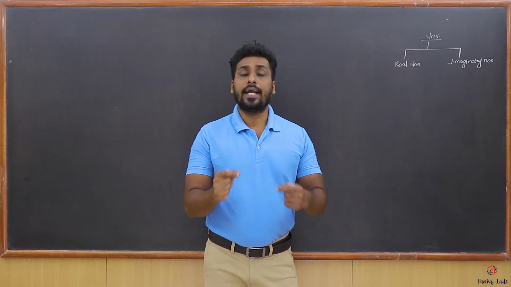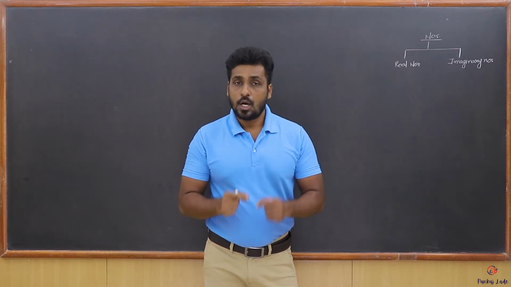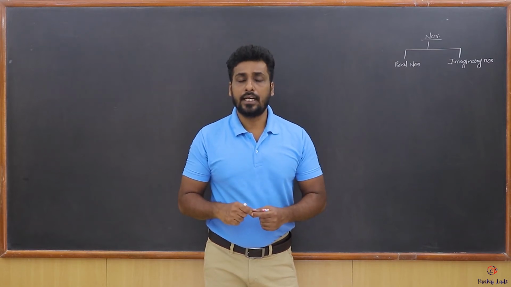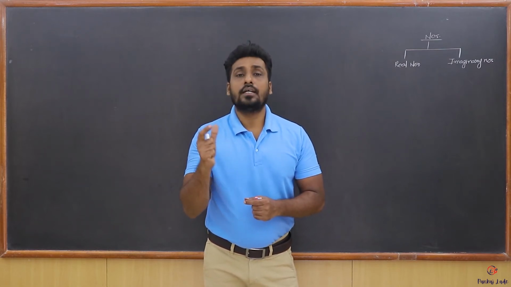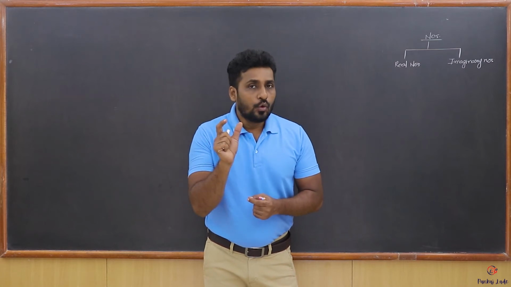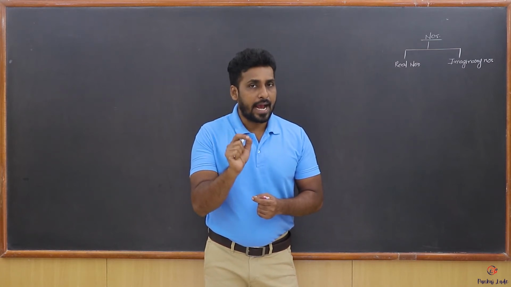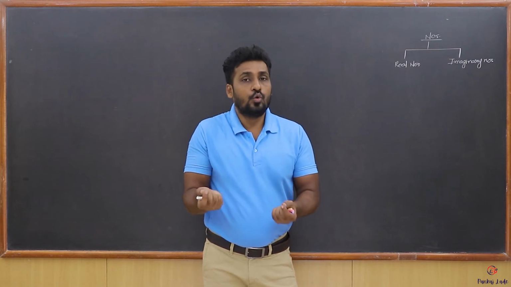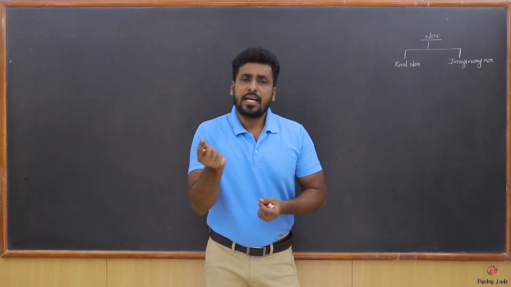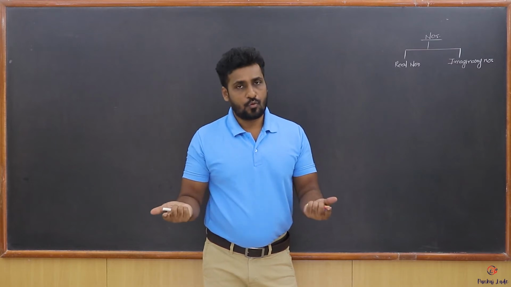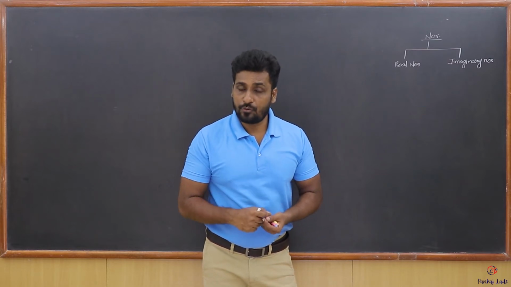If I ask you to get me say 150 grams of a mango, a mango weighing 150 grams, you can understand that this 150 grams is a real value, isn't it? There can be a mango whose weight is 150 grams. Can there be a mango whose weight is 175 grams? Of course it is possible, isn't it? 174 grams.